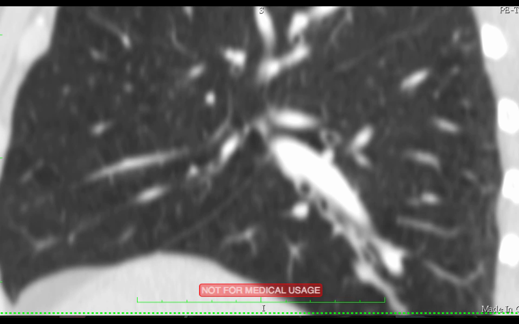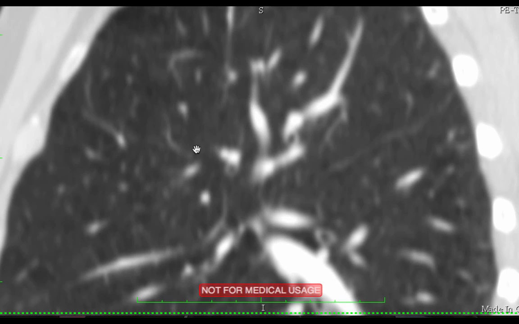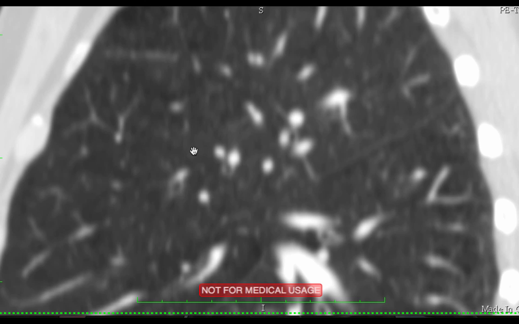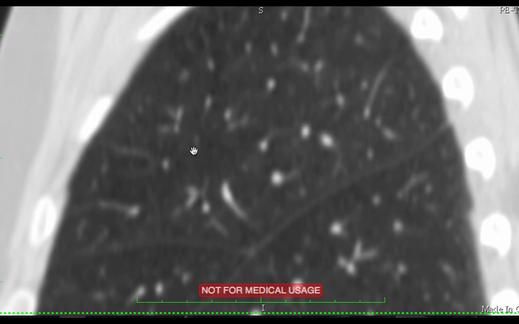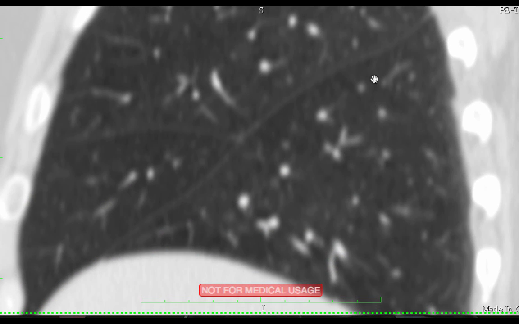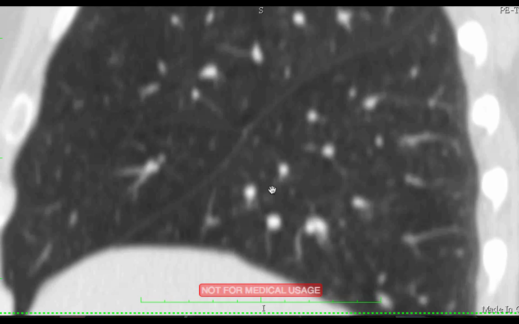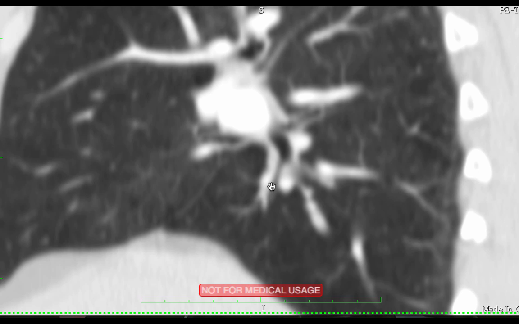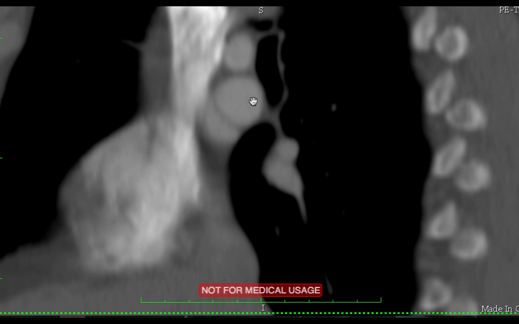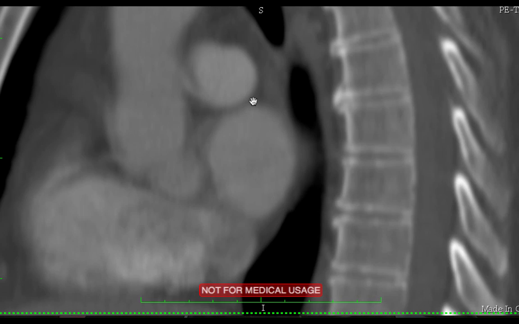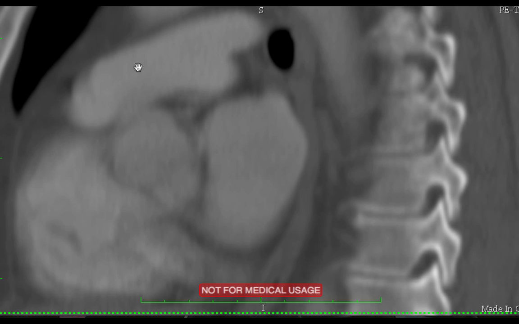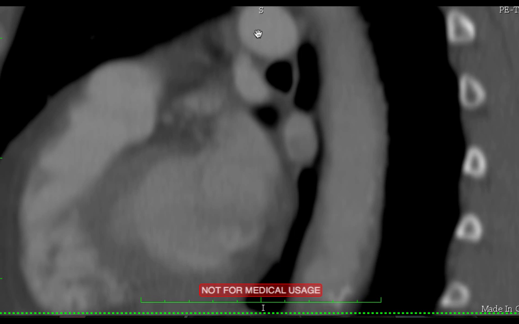And let's see what we have here in the lungs. This is the right lung, and so you have the major fissure, minor fissure, and you have the right upper lobe, right middle lobe, and right lower lobe. Okay, and then we cross over, and we are back into the right main pulmonary artery, then the main pulmonary artery, and then you go to the left main pulmonary artery.